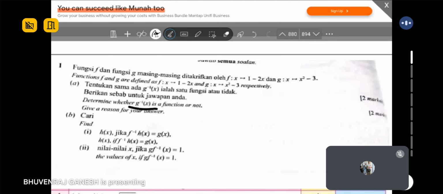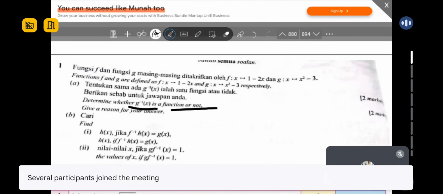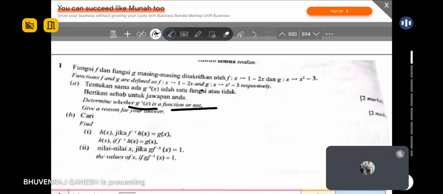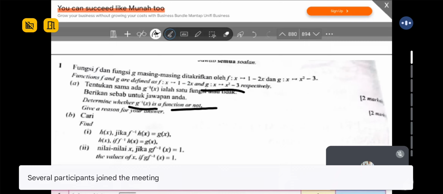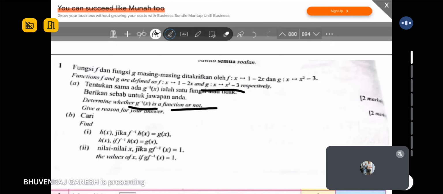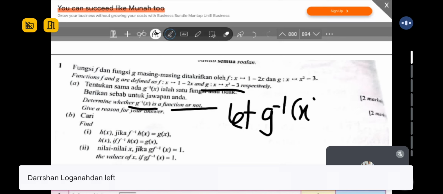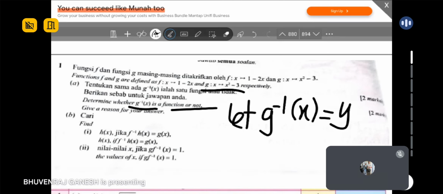So, first step, you have to find the inverse function of course. Okay, kamu kena carilah fungsi songsang. They already give you your g(x). So how to find inverse function guys? Macam mana cari fungsi songsang? Our first step is we always let g inverse x equal to y. Ini kaedah saya.